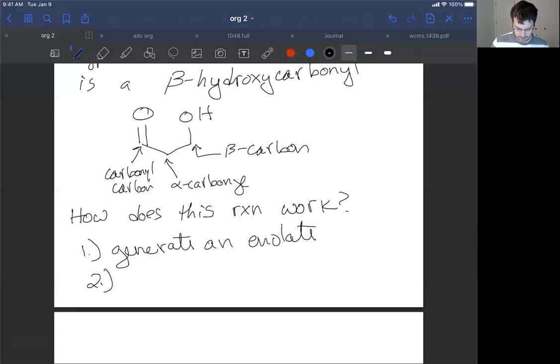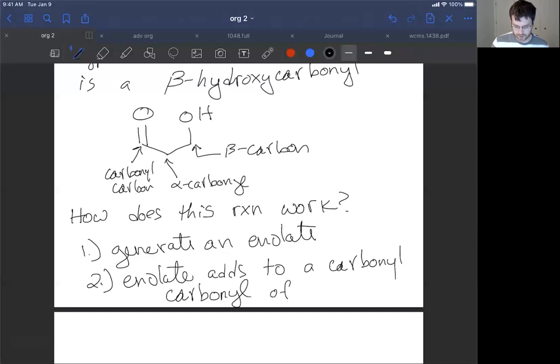And then in step 2, the enolate adds to a carbonyl carbon of usually an aldehyde. It can be a ketone. So in this reaction, we're doing just another enolate reaction, but the electrophile for the reaction is an aldehyde or a ketone instead of a haloalkane, which is what we looked at last time.